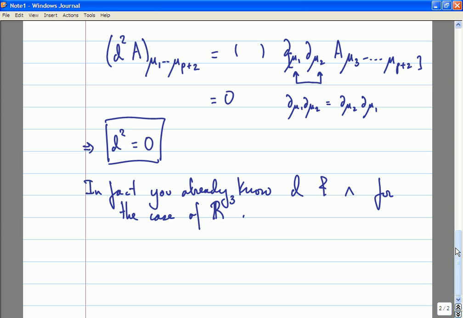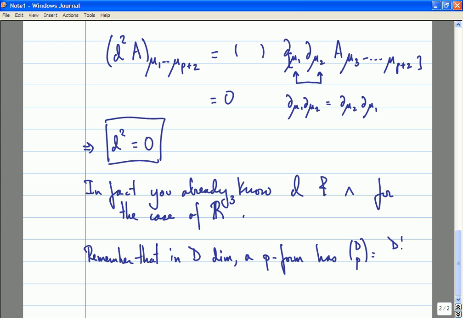Okay. So what do differential forms look like in 3 dimensions? So remember, that in d dimensions, a differential form of rank p has d choose p, which is to say d factorial over p factorial times d minus p factorial independent components.